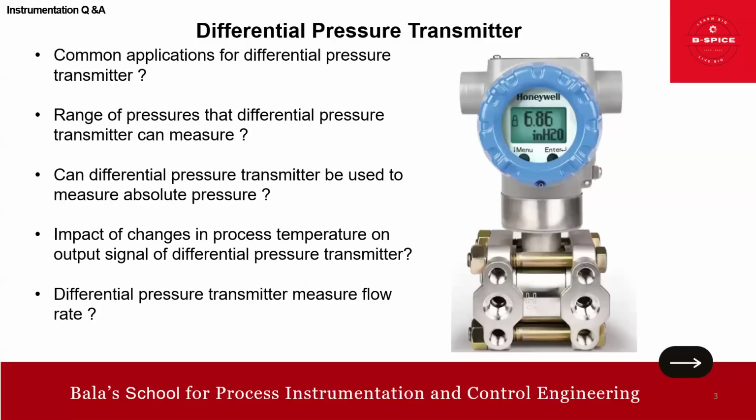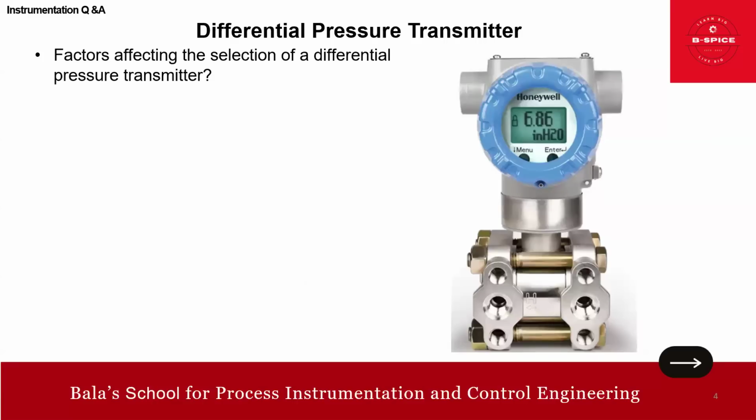There are many such measurements. So the flow rate can be calculated from the pressure drop using Bernoulli's equation, along with the properties of the fluid. Right, friends? So I hope you understand this.